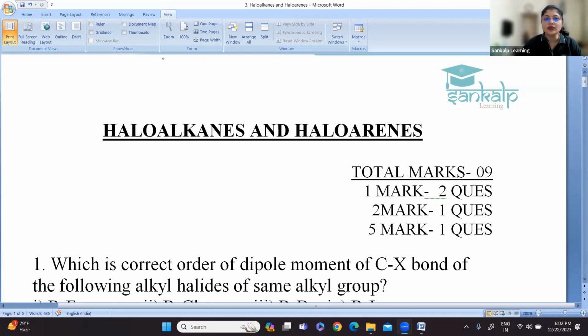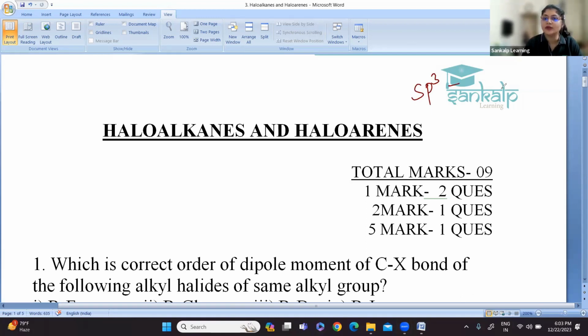Here in these alkyl halides, in such compounds, the halogen atoms are attached to an sp3 hybridized carbon atom. So you know what sp3 hybridized is. What does an sp3 hybridized atom mean?